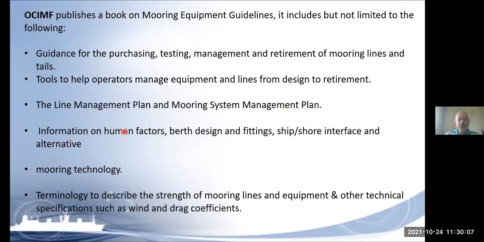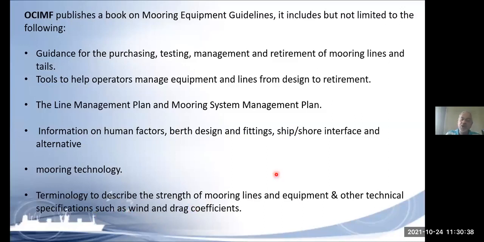Information on human factors, berth design, fittings, ship-shore interface, and alternatives is also discussed in the OCIMF guidelines. Then mooring technology, how ships should be moored, is also given there. Then terminology to describe the strength of mooring lines and equipment, and other technical specifications such as wind and drag coefficients, are also discussed.